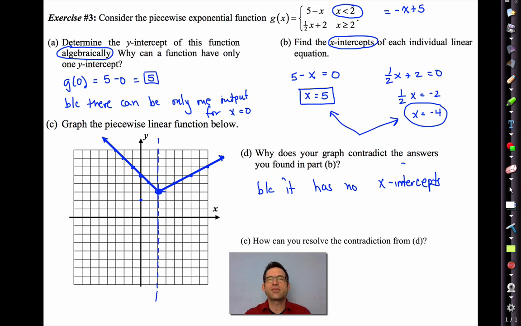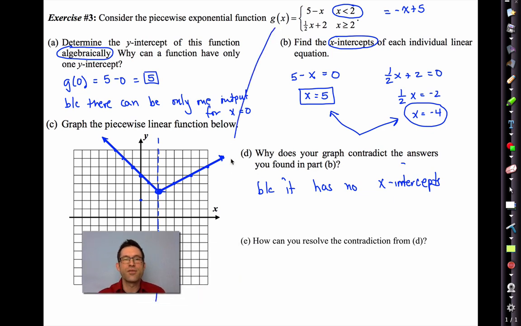So letter E then asks us, how can you resolve the contradiction from D? I mean, here's B. We found the x-intercepts algebraically, 5 and -4, and yet when we graph the function, it has no x-intercepts. Well, it's kind of cool. Taking a look at this function, we found that 5 minus x had an x-intercept at x equals 5.